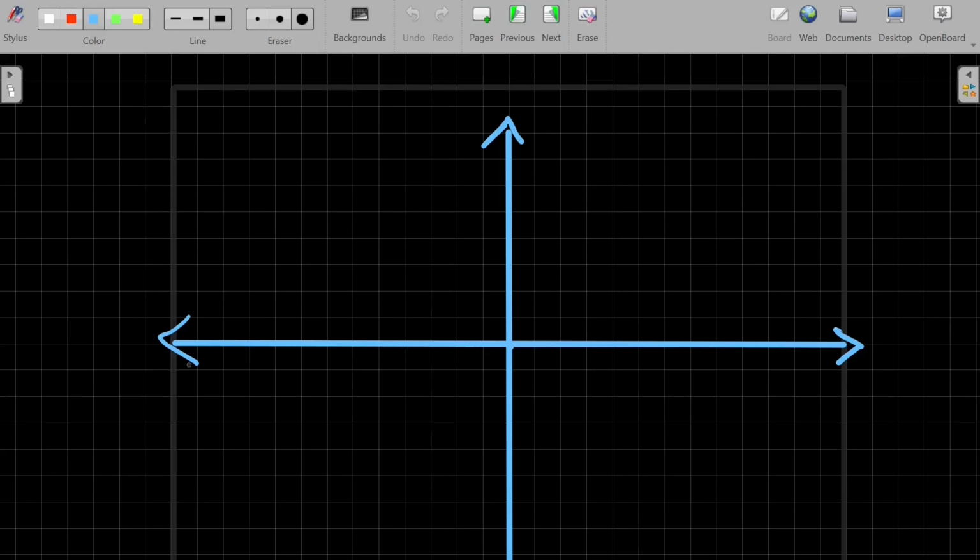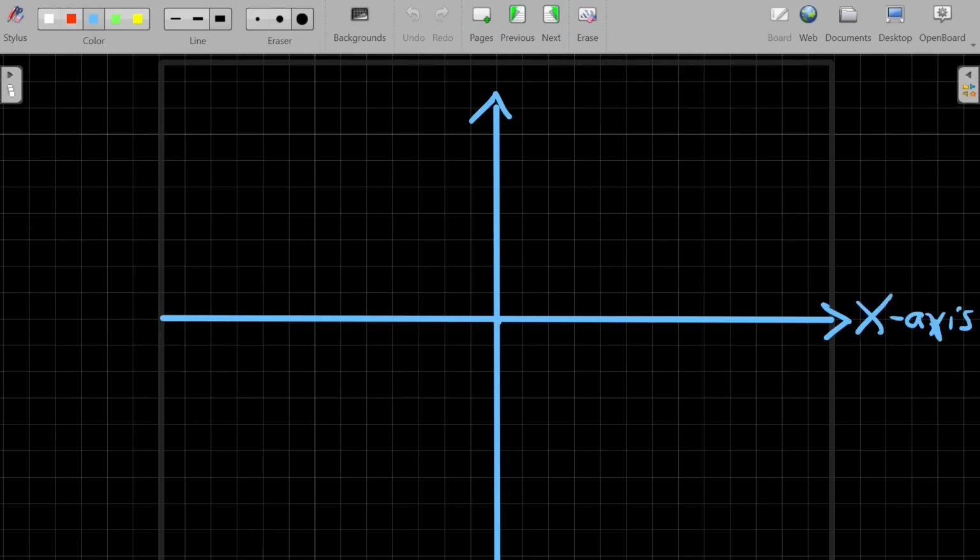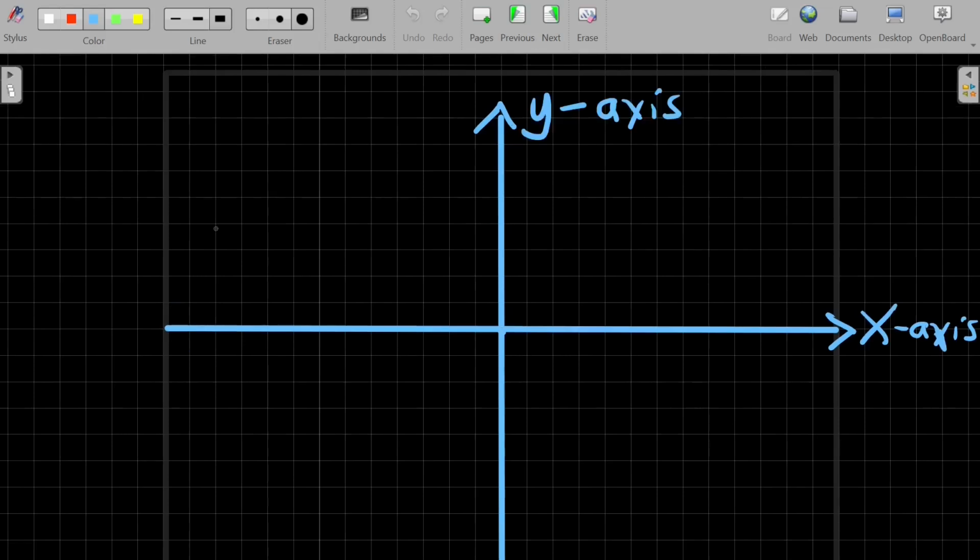And these lines have names. The first line that is horizontal is called the x-axis, and the second line that is vertical is called the y-axis.